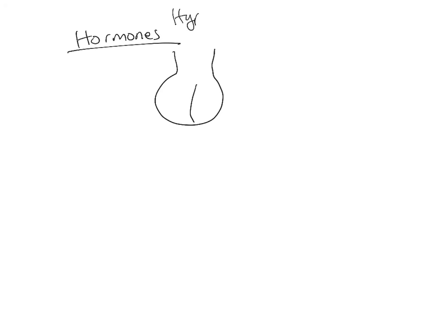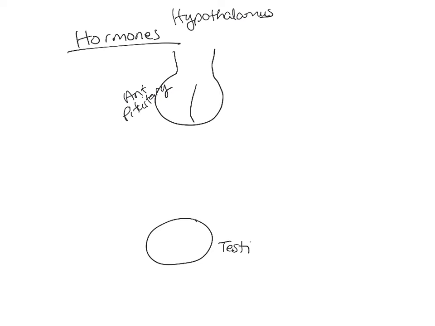All right, now let's look at some of the hormones of the male reproductive tract. So there is the anterior pituitary gland, and we also have the hypothalamus. So this is the anterior pituitary, and then there's also the testis down here. The anterior pituitary releases FSH and LH.